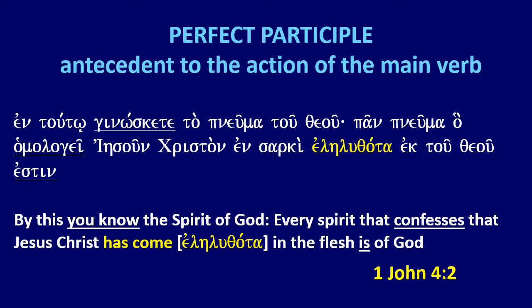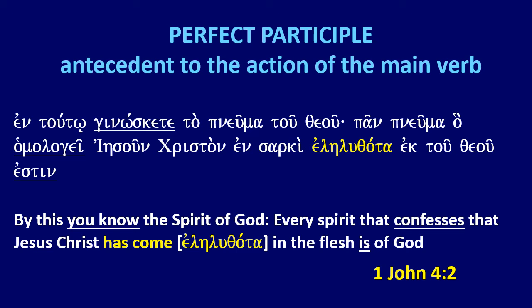And here is just one example of that, where we have the perfect tense participle for erchomai. In this case, it's translated "has come" in 1 John 4:2, eleluthota. "By this you know the Spirit of God. Every spirit that confesses that Jesus Christ has come in the flesh is of God." So you've got three present tense verbs surrounding this one perfect tense participle.